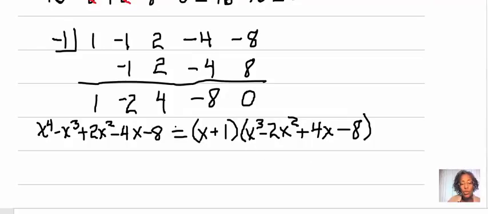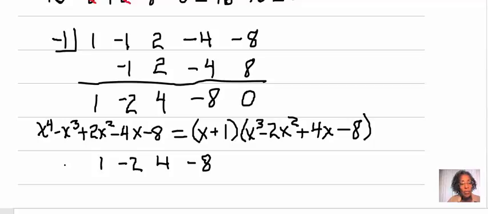So now what I'm going to do is take the coefficients that resulted from my synthetic division, and now I would test, and I don't use the remainder. Now I'm going to test another possible root. So if I didn't know from the graph that -1 and 2 were the only rational roots, I would test +1.